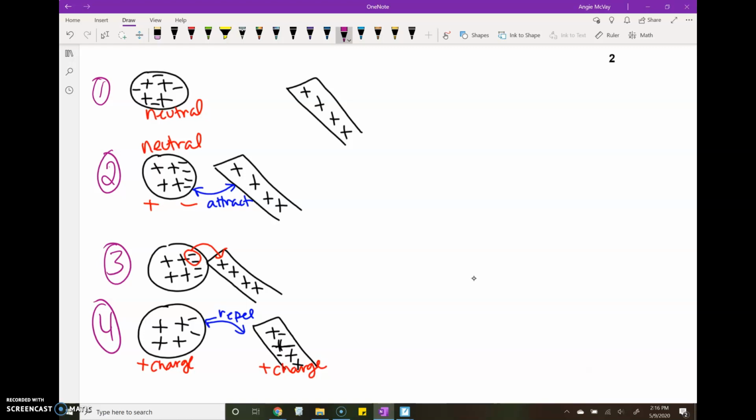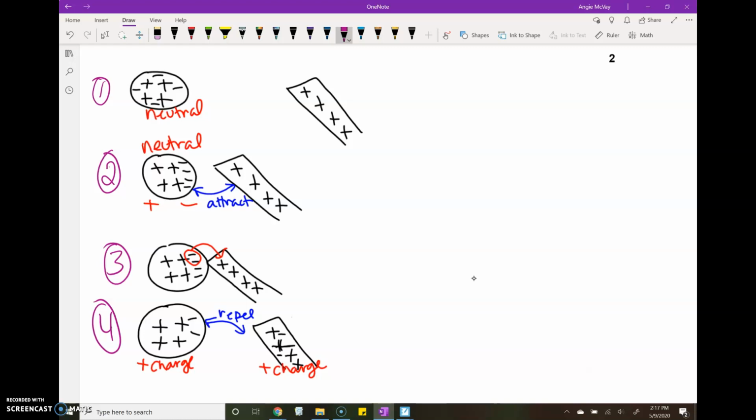Once they touch, the negative charges that are on the right-hand side of the pith ball want to work to neutralize this positive wand. So some of them hop over to the wand, giving negative charge. If 2 charges hopped over, 2 of these positive charges would be neutralized. And we see that here, positive, positive, positive, positive, 2 negatives.